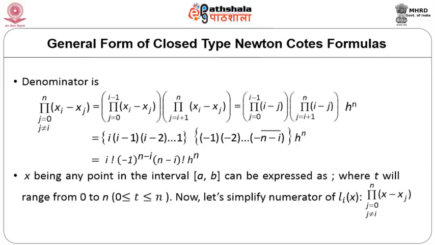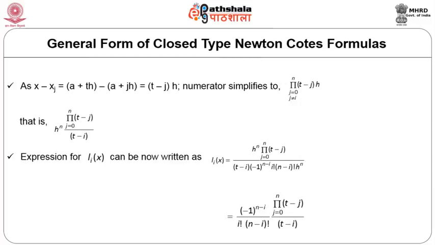So the denominator is i factorial, (minus 1) raised to n minus i, (n minus i) factorial, h raised to n. And so when we combine the numerator and denominator, our Li(x) becomes the product over j equal to 0 to n of (t minus j) upon (t minus i), and (minus 1) raised to n minus i, i factorial, (n minus i) factorial.